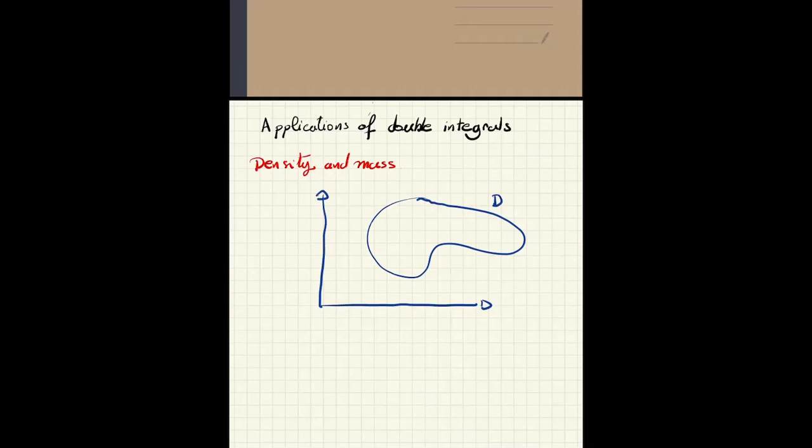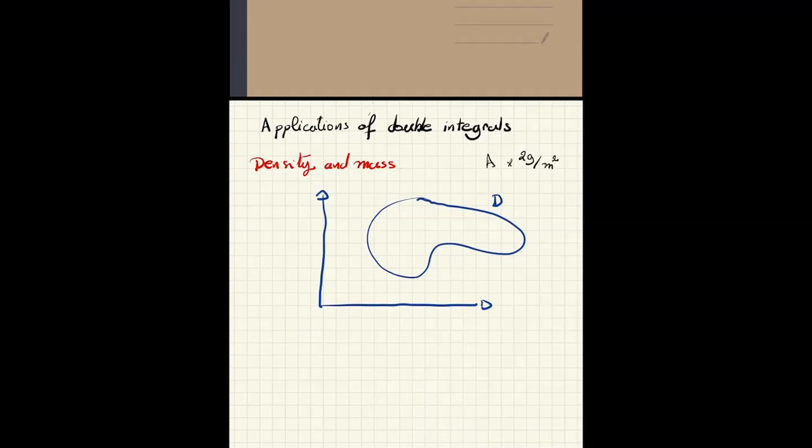When it's easy, it's when you have an object and the density is, let's say, 2 grams per meter squared. You just have to calculate the area and multiply, and it gives you the total mass, right? That's the obvious way to do it.